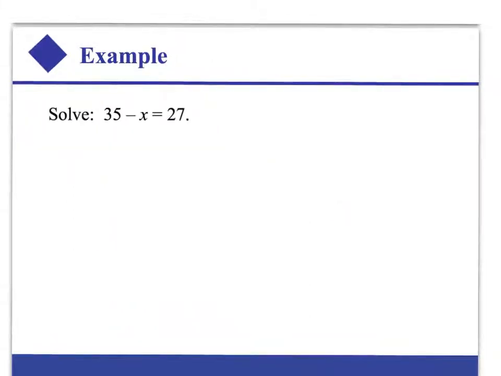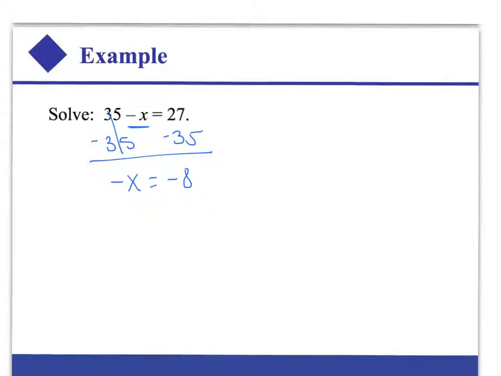Our next example, again, we have 35 subtracting some unknown number, which is represented by our variable x, equals 27. So I'm going to subtract 35 from both sides. So now that leaves negative x on the left side, and then 27 minus 35 gives me negative 8.